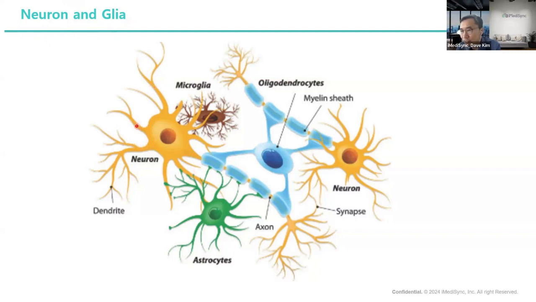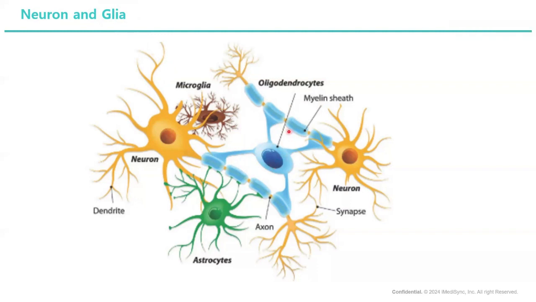As you see here, this is a neuron, and this is the oligodendrocyte, which makes the myelin. Myelin is a kind of glia cell, microglia is another kind of glia cell, and the astrocyte is a glia cell. Glia is very important.